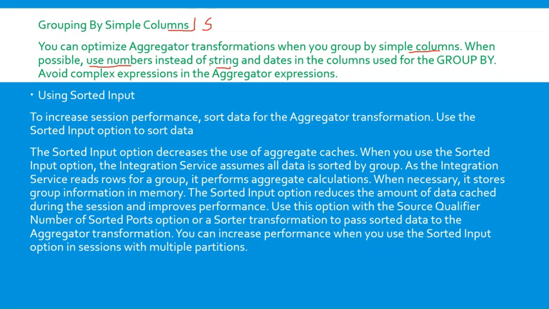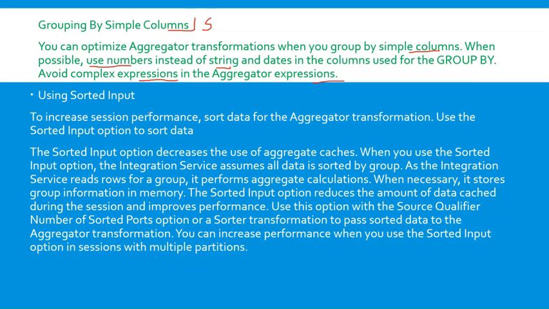If there is no other option, then you can use a string. But if there is an option, like number, suppose I need the department data, I need to group by the department number, not the name. Just like that you can use the same way. Avoid a date in the column used for group by, and avoid complex expressions in the aggregator transformation.